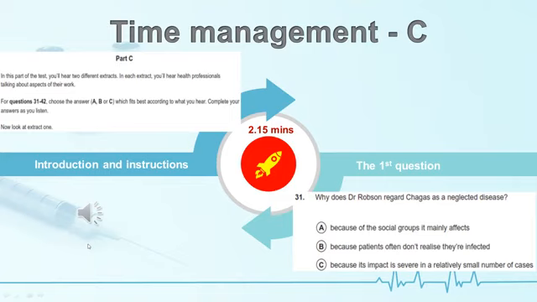Complete your answers as you listen. Now look at Extract 1. Extract 1, questions 31 to 36. You hear an interview with a cardiologist called Dr. Jack Robson, who's an expert on Chagas disease. You now have 90 seconds to read questions 31 to 36.